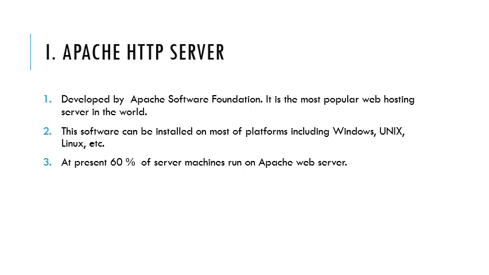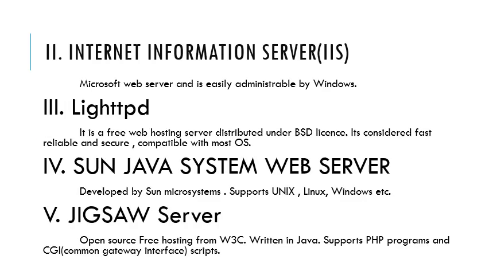Similarly, Unix and Linux are command-based operating systems, and Apple Macintosh is another. At present, 60% of server machines run on Apache web server. That's how popular Apache HTTP is.